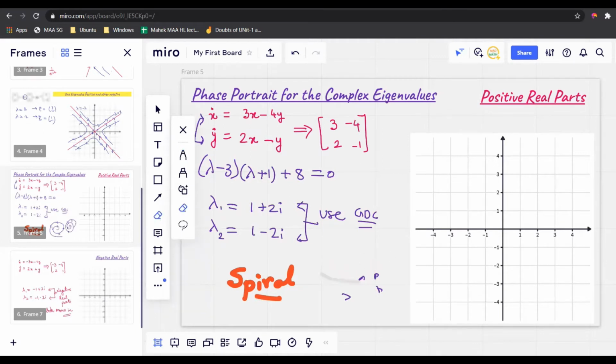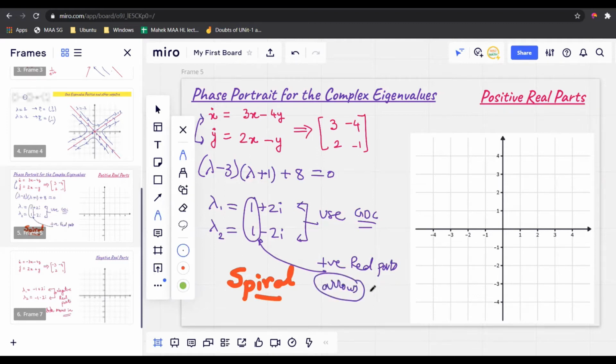Let us go back to our understanding. The understanding remains similar to what we had previously. For positive real parts, the arrows will be going out.